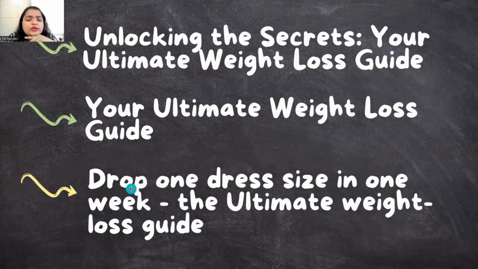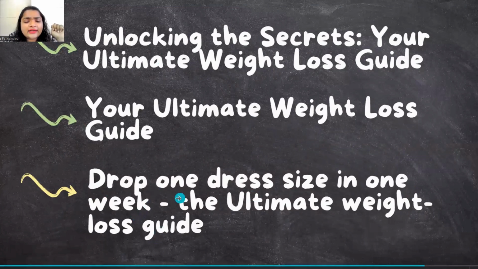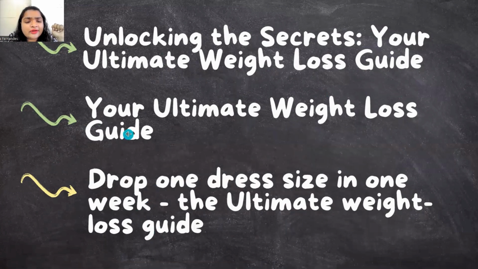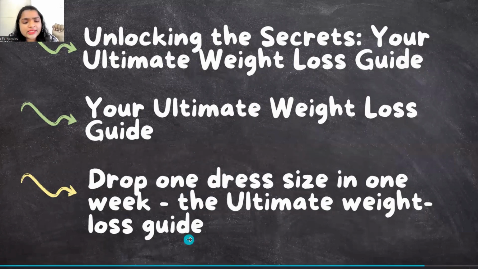So I wrote, "Drop one dress size in 1 week." The easiest way to make a headline specific is to throw in some numbers. So I came up with random numbers, "drop one dress size in 1 week." And then "your ultimate weight loss guide." So I made the ultimate weight loss guide.